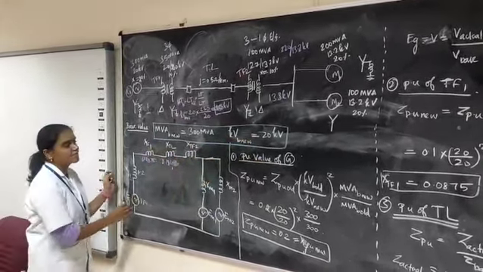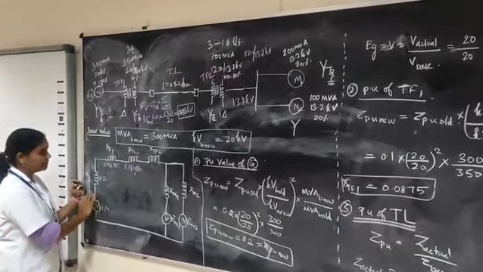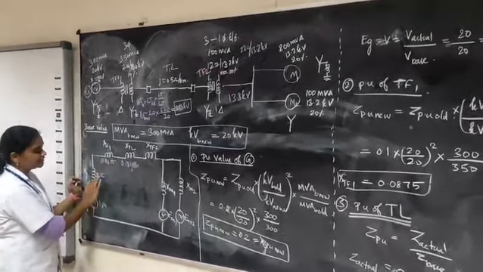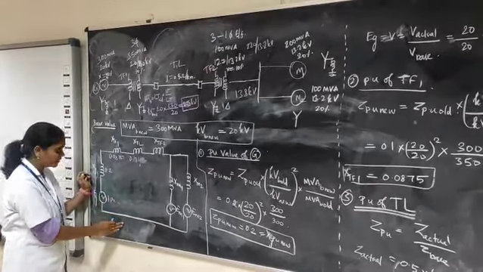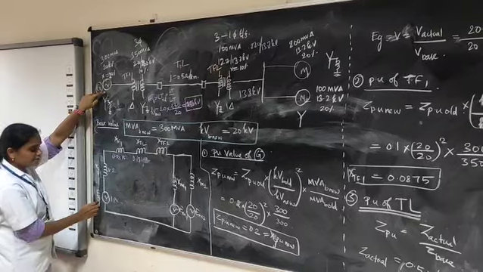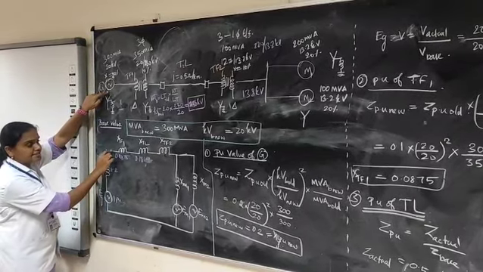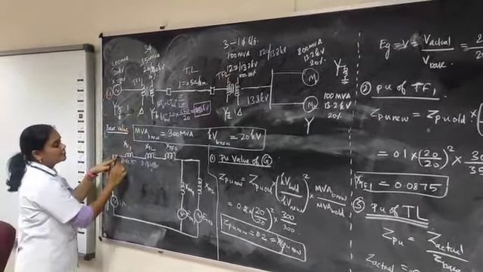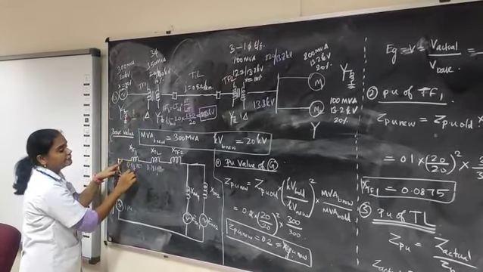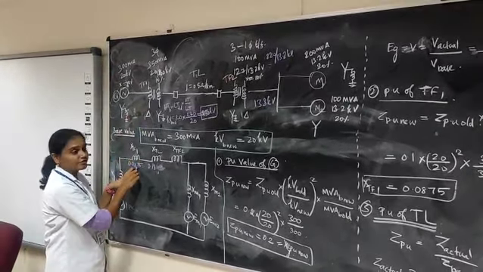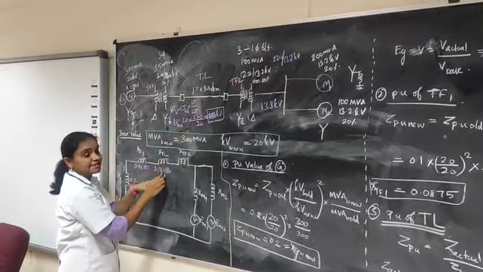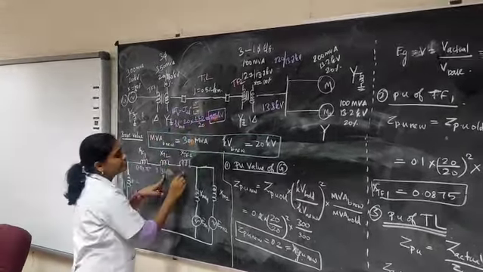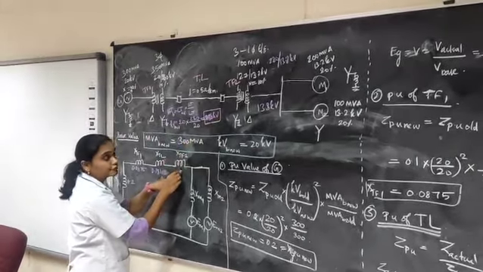Now, we know that we have to replace each and every component with a reactance component to get the reactance diagram. So, for generator 1, I have EG and XG. For transformer 1, XTF1 is the reactance we have to include. For the transmission line, I am including XTL. For transformer 2, I am including XTF2.